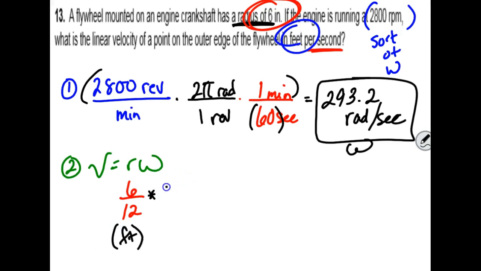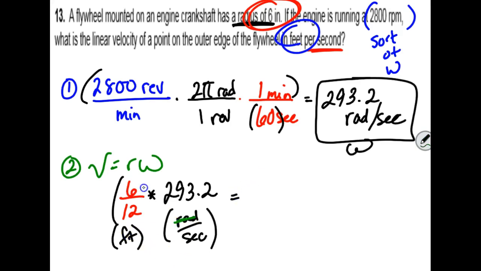And then angular velocity was 293.2, and that's radians per second. We don't worry about the radians thing. So right now you have feet per second as a label. I just need you to do a little calculation for me. So, I got 146.6. And then we just decided that was feet per second.